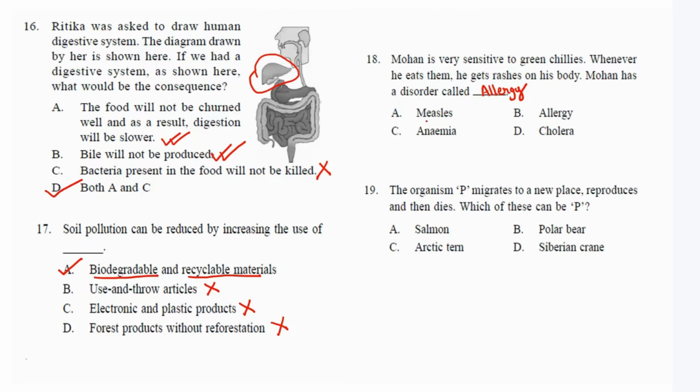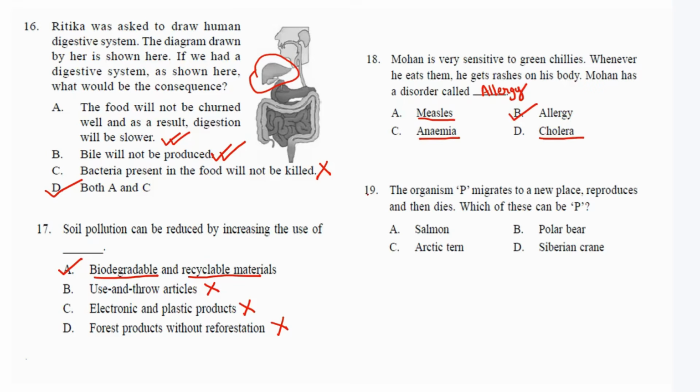Measles cannot happen, because measles is a viral disease. Anemia happens because of iron deficiency. Cholera is caused by bacteria. It is a bacterial waterborne disease, and allergy will be the correct answer.